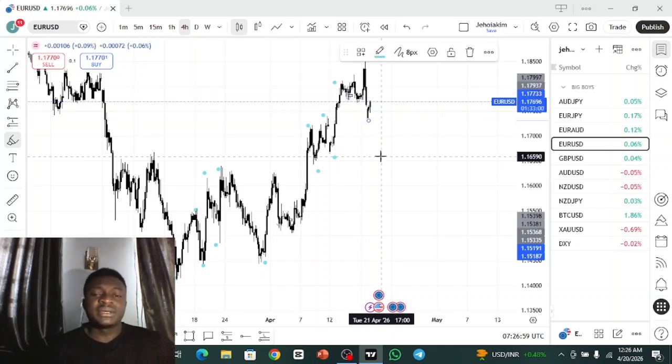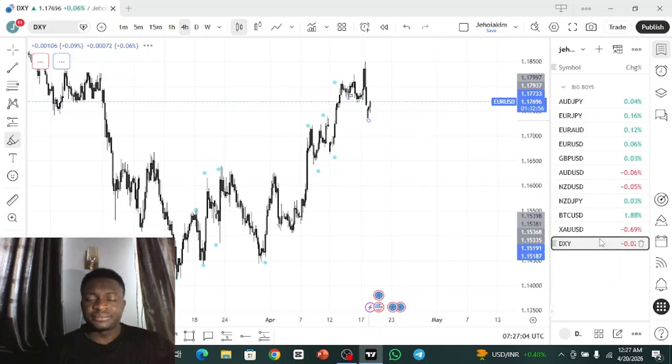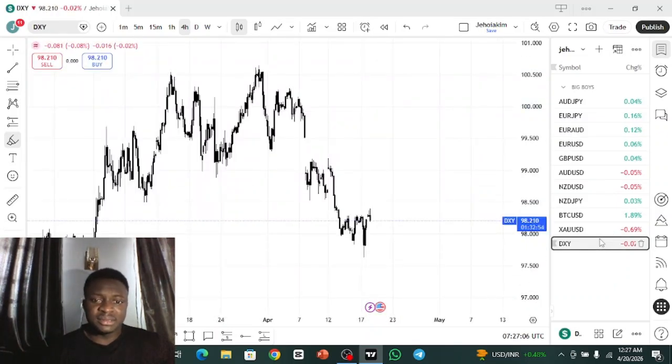So Euro USD has been giving us an uptrend, and if you look at DXY, it has been giving us a downtrend.